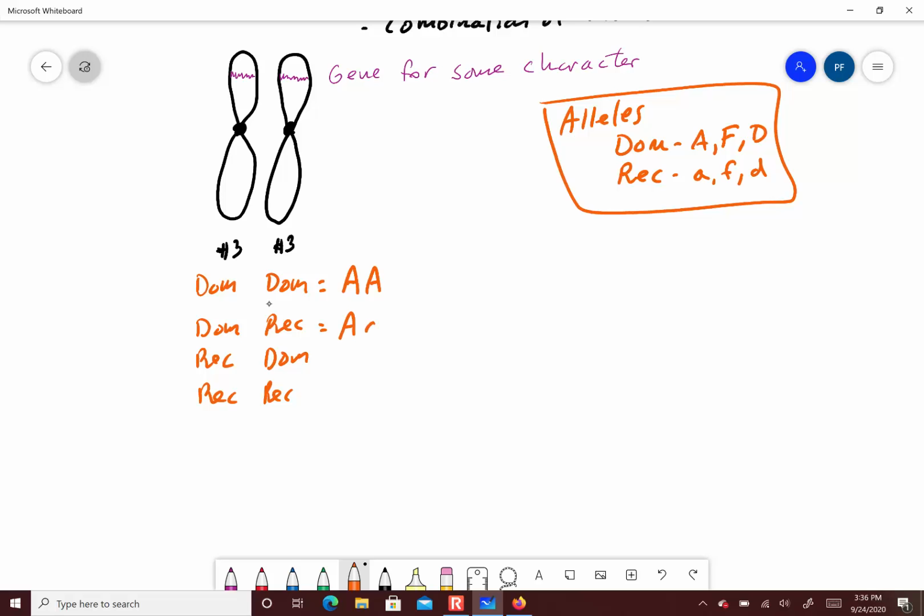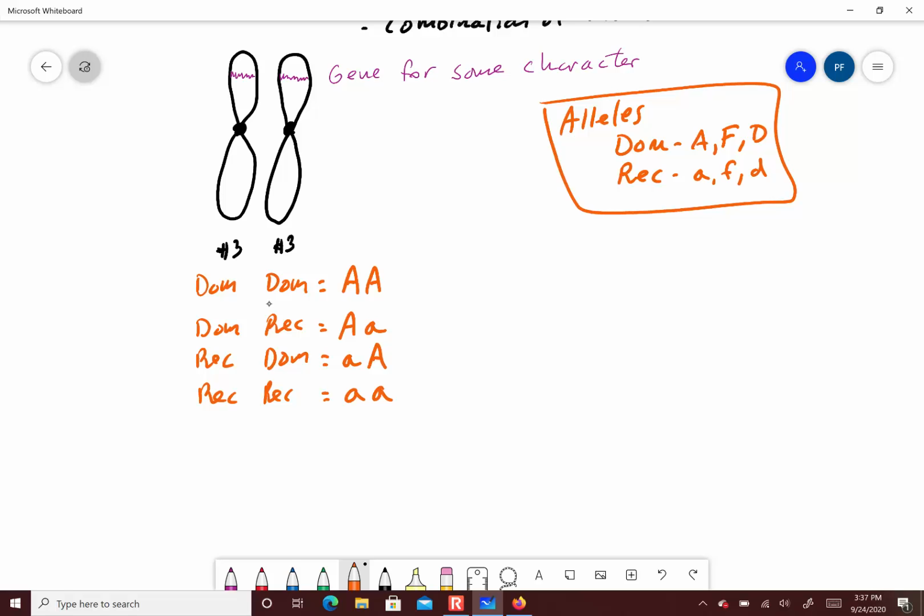Dominant, recessive, recessive, dominant, recessive, recessive. So when we're working genetics problems, instead of saying every single time that this homologous chromosome has a dominant allele for whatever, we can just say big A. And then we know that that's implying this is the dominant form of whatever gene is there.